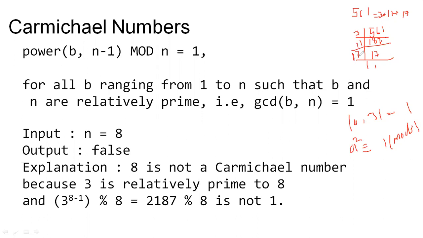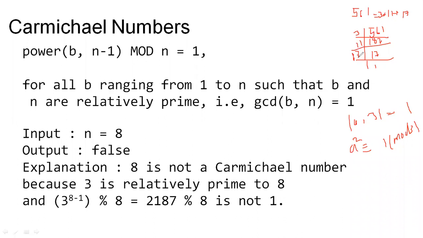For 17, gcd(a, 17) = 1, so a raised to 16 is congruent to 1 mod 17. And now we check for 561. That is, 560 equals 2 times 280, which is a squared to the power 280.